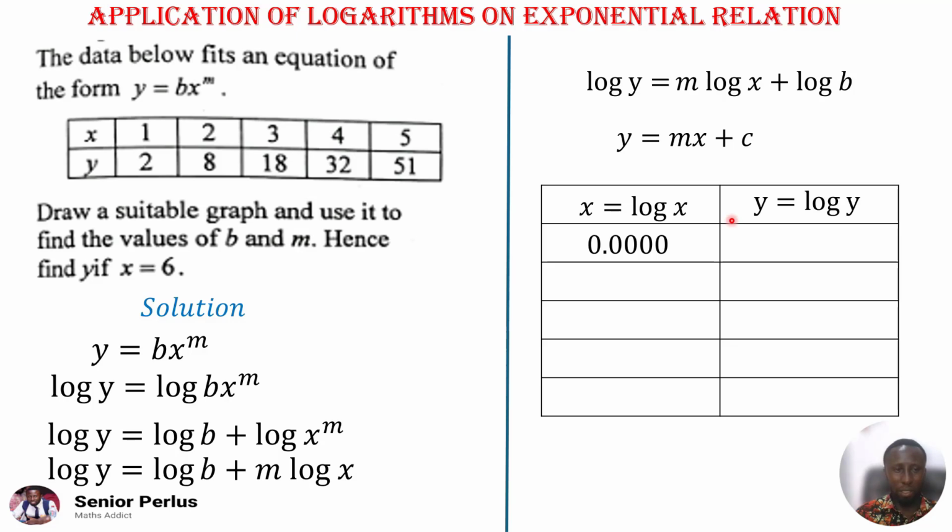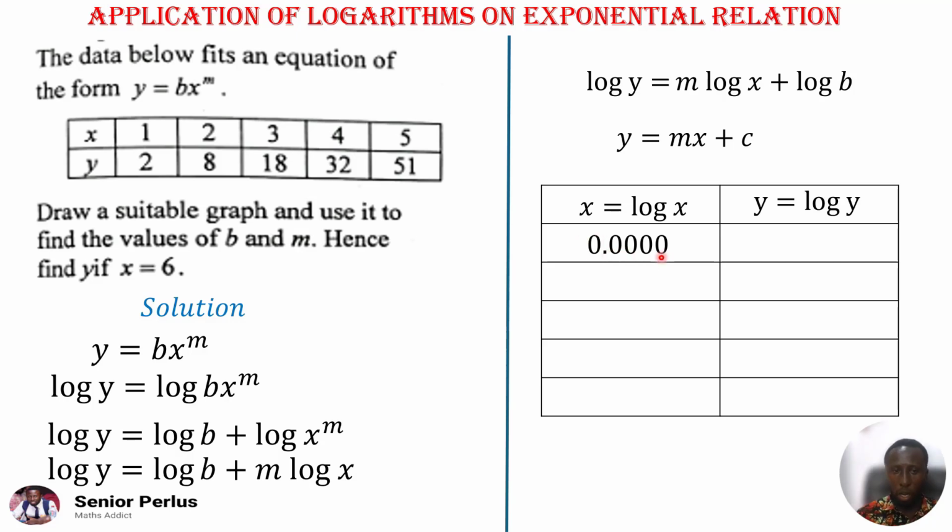Okay, so log 1 is 0, because you know that the log of 1 to the base of a number is 0, but since it's decimal, that's why I'm making it what? 0.0000. So to 4 decimal places. Okay, log 1 is 0, so to 4 decimal places.